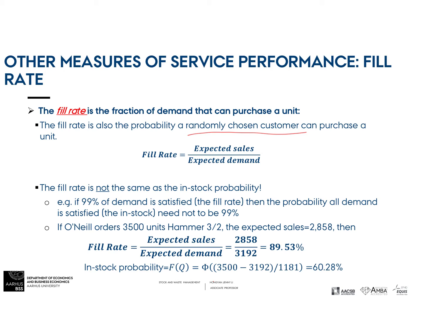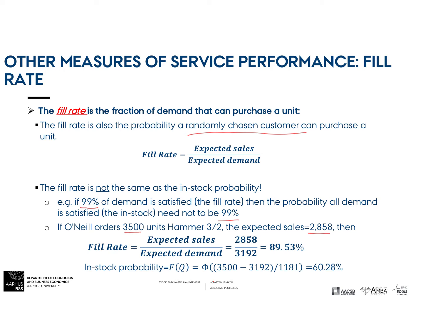We have an example. If 99% of demand is satisfied, so the fill rate is 99%, then the probability that all demand is satisfied need not be 99%. We can do a calculation here. If O'Neill orders 3,500 units of product, the expected sales is 2,858.